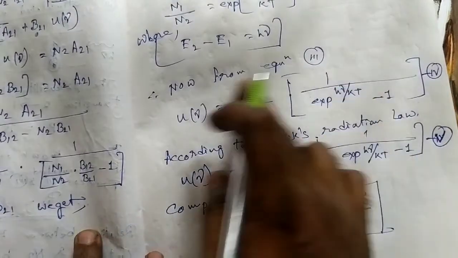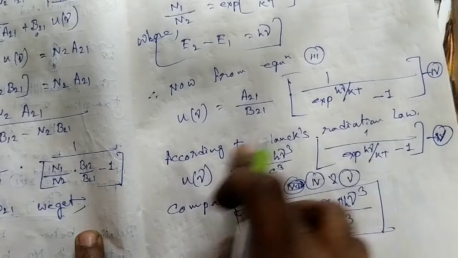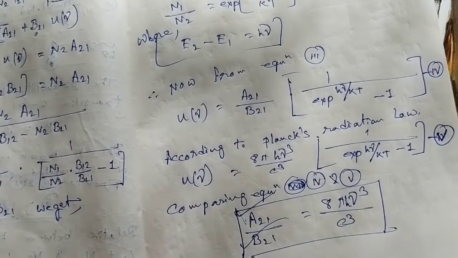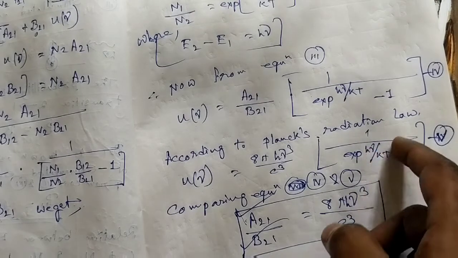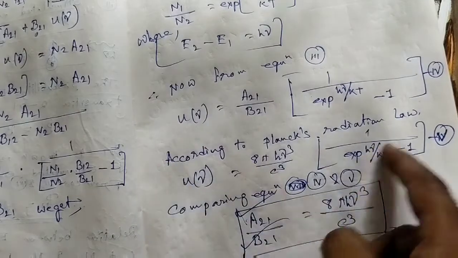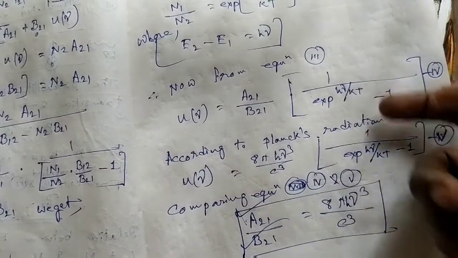Then we compare this equation with Planck's radiation law, because in the laser the energy is released from the transition. This whole energy is radiant energy, because laser means light amplification by stimulated emission of radiation, so the whole energy is radiated in the form of light energy. So we use Planck's radiation law and compare both equations.